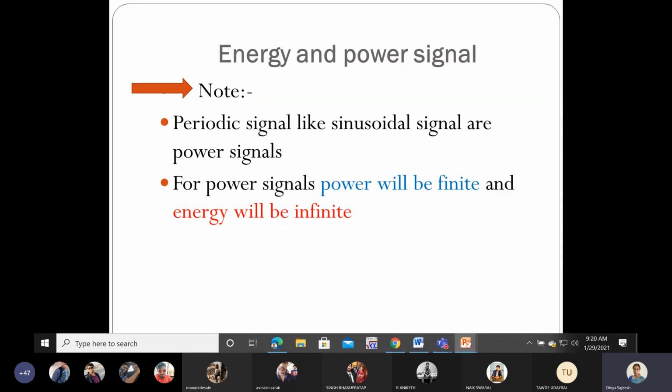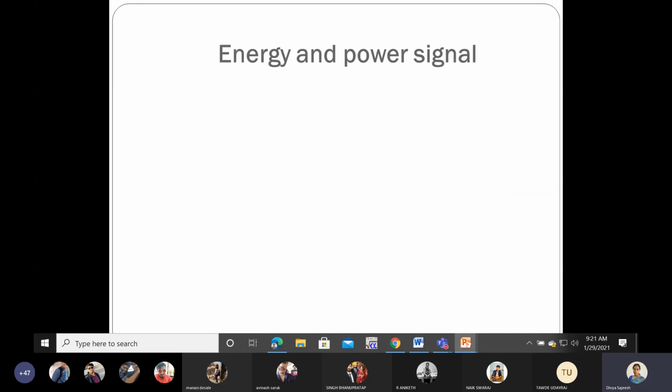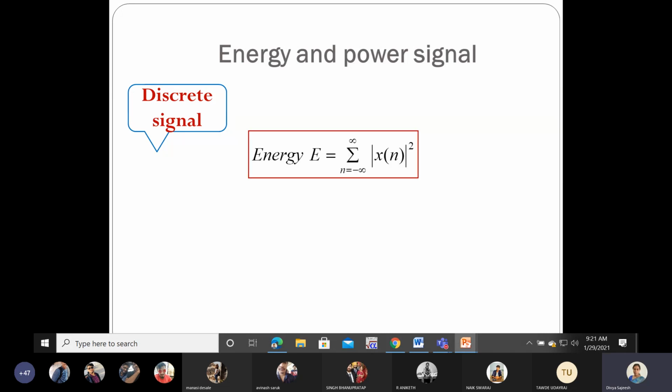Periodic signals are normally known as power signals. Periodic signals like sinusoidal signals are power signals. For a discrete signal, there is a change in the formula because it is a sampled signal.